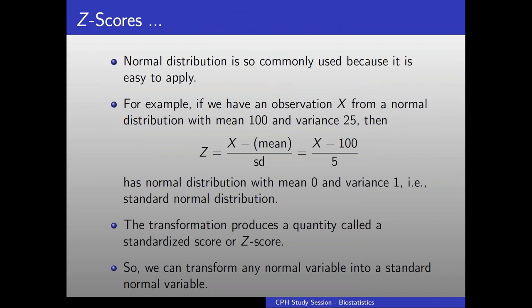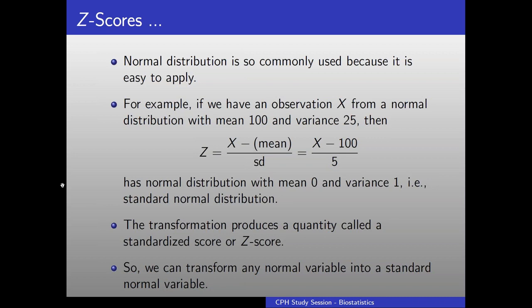The normal distribution is used so much because it's very easy to apply and it's very flexible. For example, if we have an observation, X, from a normal distribution with mean 100 and variance 25, then by calculating what's called a z-score, or standardizing, you create a variable that has a normal distribution with mean 0 and variance 1.